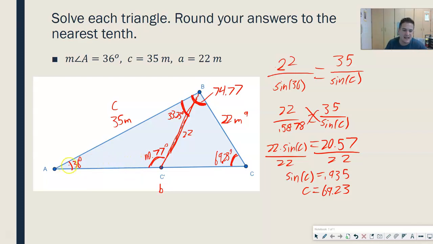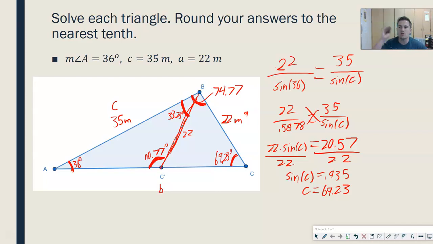If I had taken 180 minus angle A minus angle C here and got some weird negative number, that would mean no, I can't have a triangle that has this angle and this angle because these two angles would already add up to more than 180 degrees.